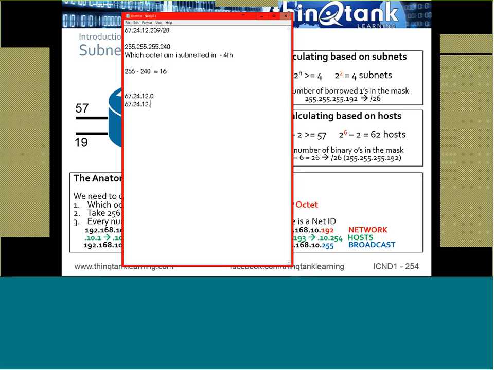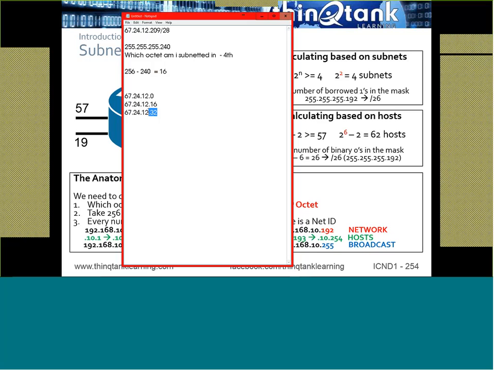No. Does that host belong to the 67.24.12.32 subnet? No. By the way, how do I know those are subnets? Because we're using blocks of 16. This is our block size. Every address in the fourth octet divisible by 16 is a network ID.